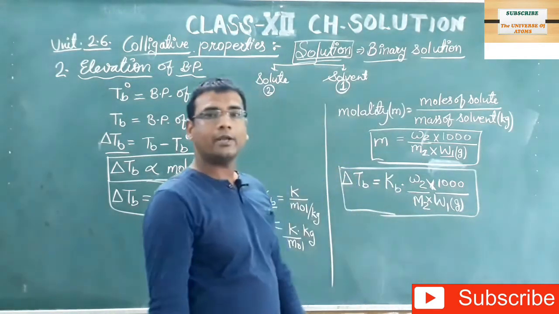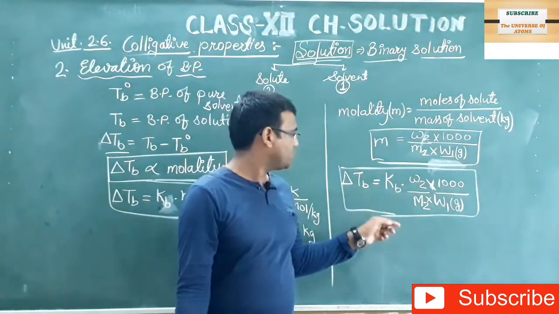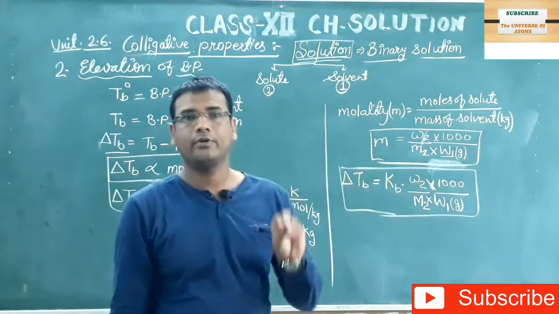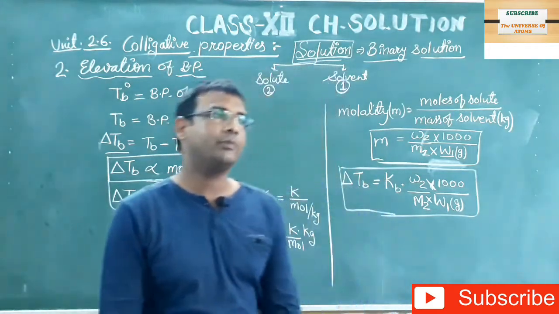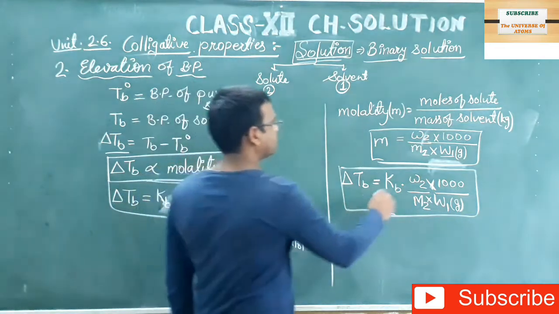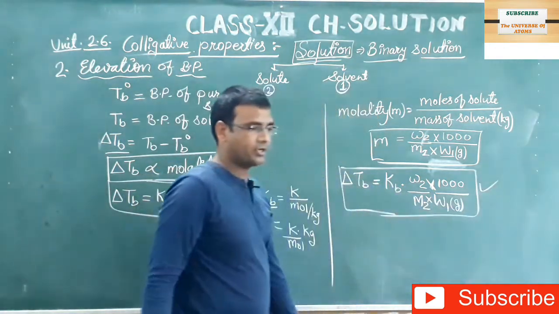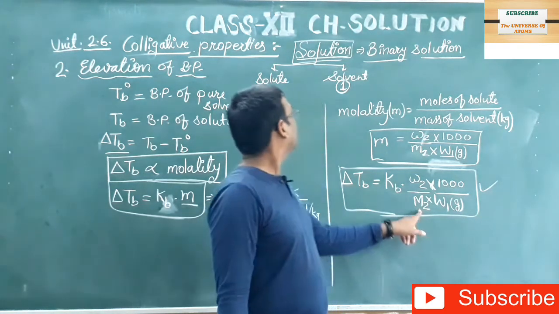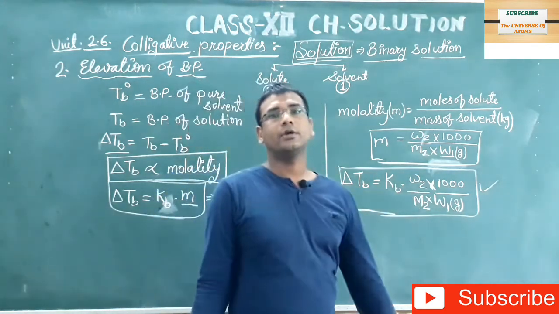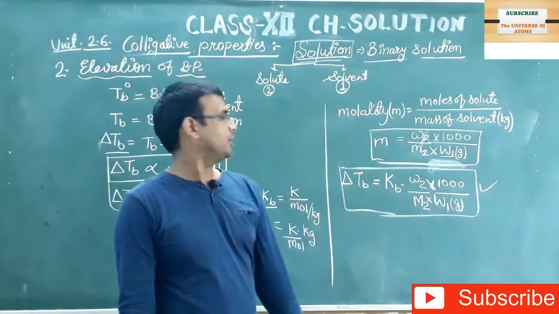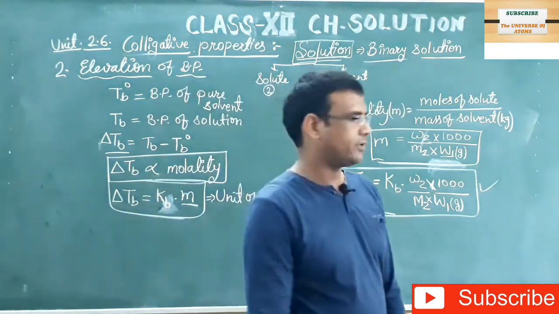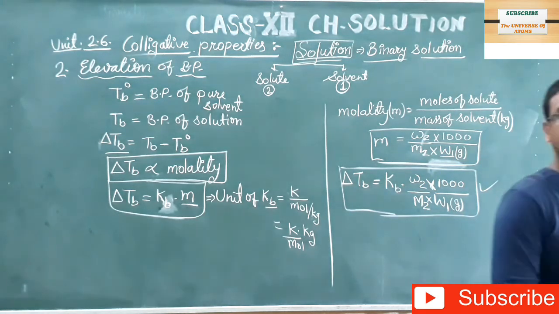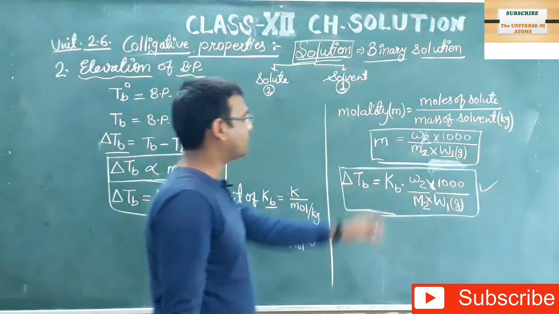Now how many parameters are there? 1, 2, 3, 4, 5. Out of 5, 4 will be given and 1 will be unknown. With this formula you can easily calculate the unknown quantity. Generally the molar mass of solute is asked, but nowadays CBSE is very clever, so it is becoming unpredictable, nobody knows what will be asked.